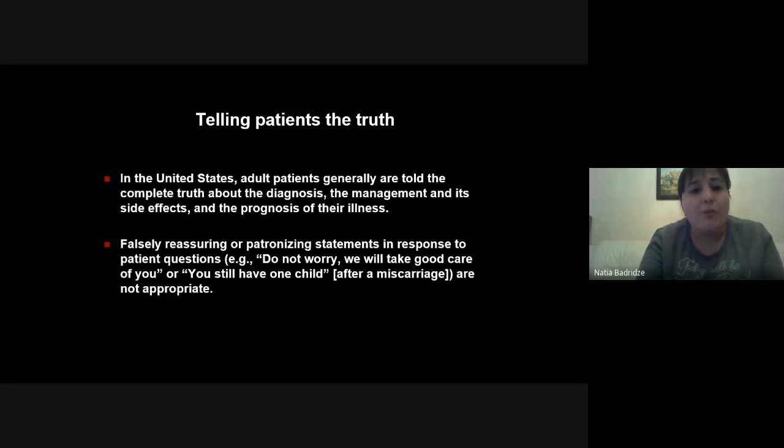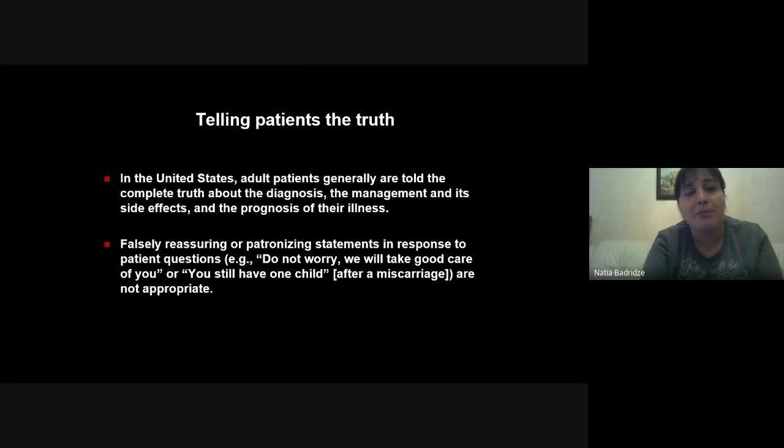So when we are dealing with a diseased patient, there is a problem of how to tell the truth to the patient, or how to disclose the diagnosis to the patient.